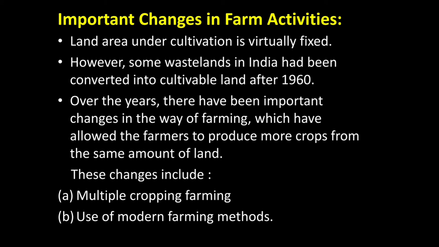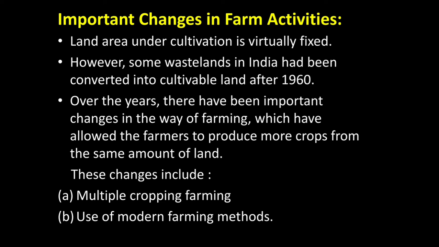Wastelands are those lands which are not productive, meaning cultivation is not possible on those lands, but those lands could be used for construction or some other purpose. But the wastelands which are not of much productivity were converted into cultivable land because of development in modern techniques. After 1960, the conversion of wastelands into cultivable lands has successfully increased.